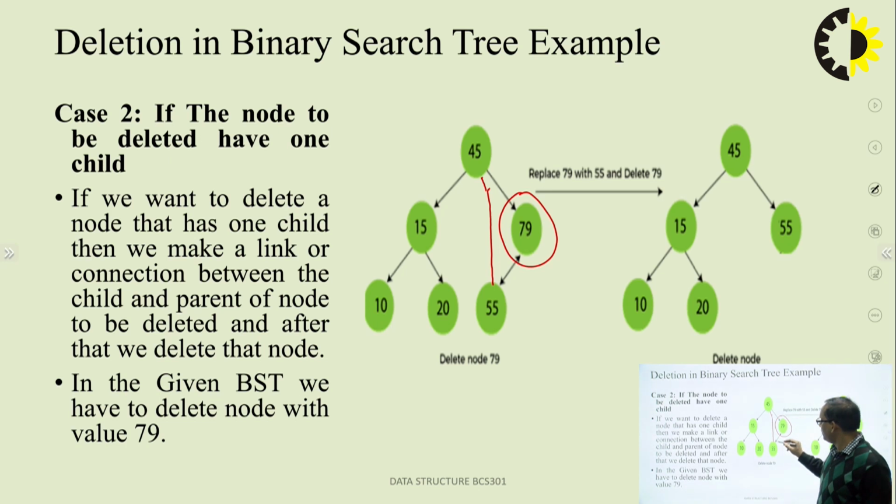It means we will swap its child and its value, then 79 becomes the leaf node, we will delete it, and 55 will become the child of 45. So after deleting this node, the binary search tree will become this. It means 55 will be the child of 45.